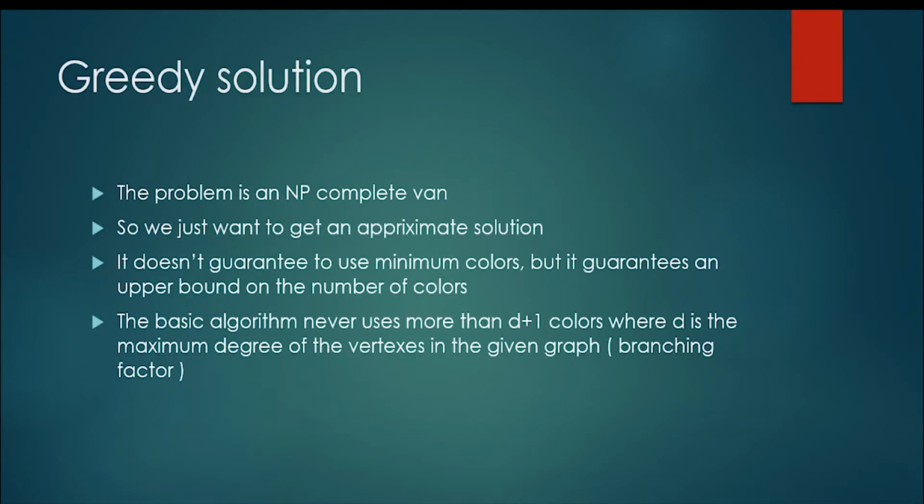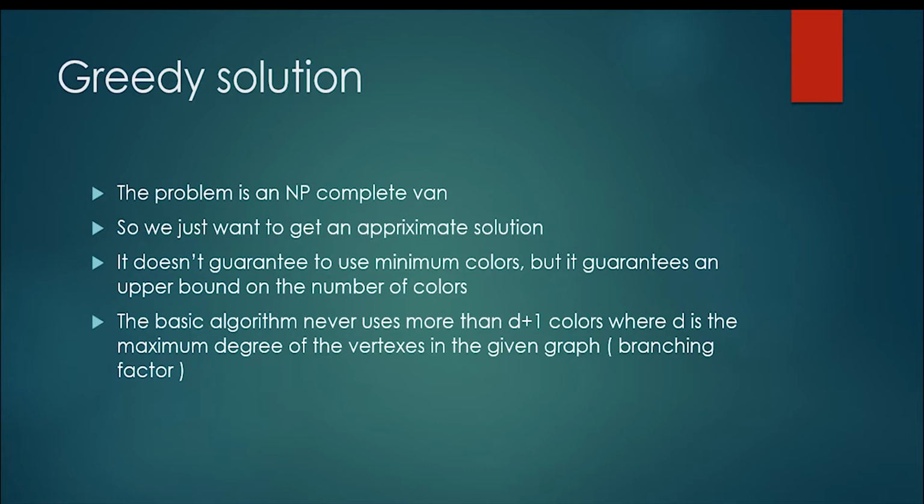So, as I said earlier, there are 2 main approaches, the greedy solution and the Welsh-Powell algorithm. Let me say a few words about the greedy one, because the problem is NP-complete.